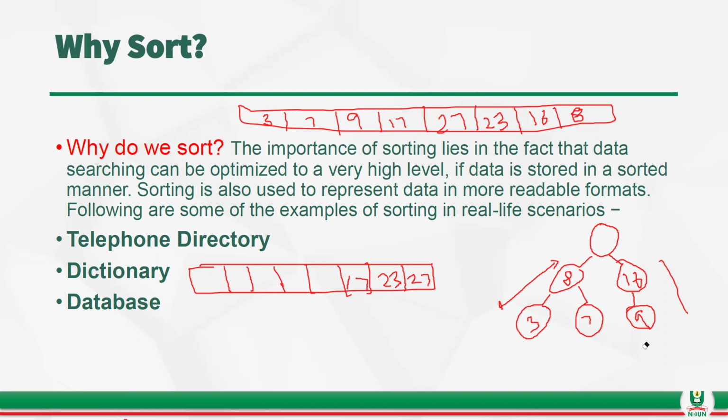Who wants to try the next one? What do you think will be the next number that will go up? Destiny, yes, 16. Awesome. 16 is going up. So you move this 9 up here.